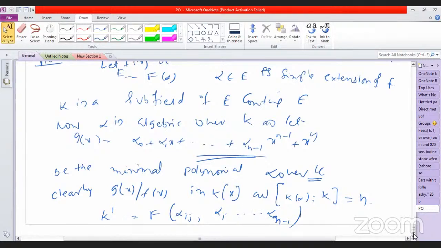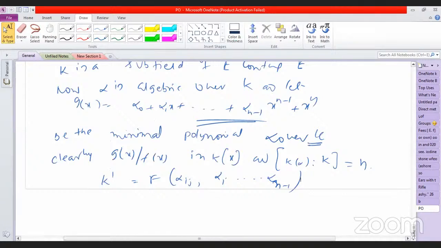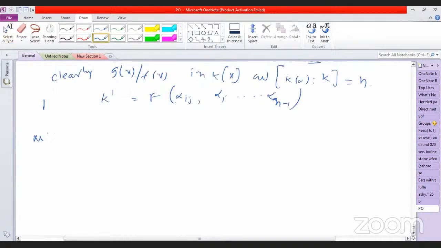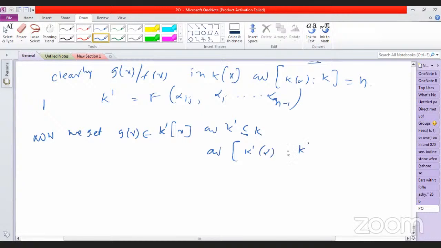Now we get g of x belongs to K dash, K dash is a subset of K, and K dash of alpha over K dash is equal to n.